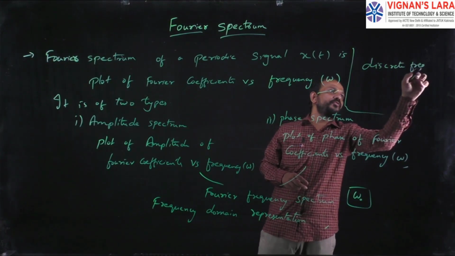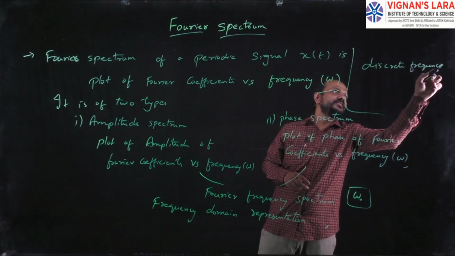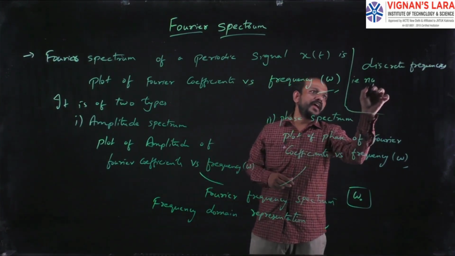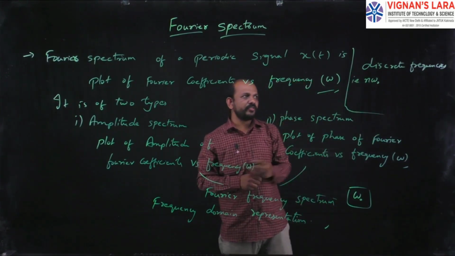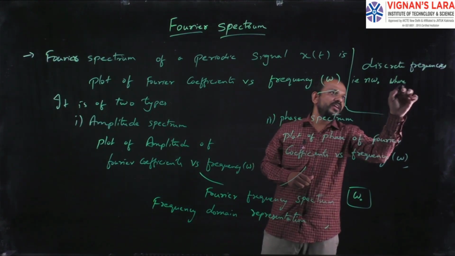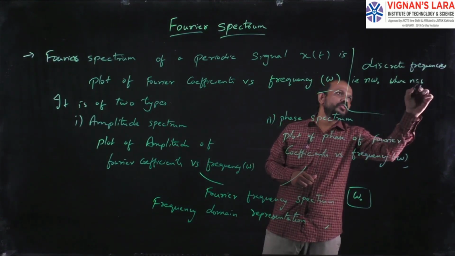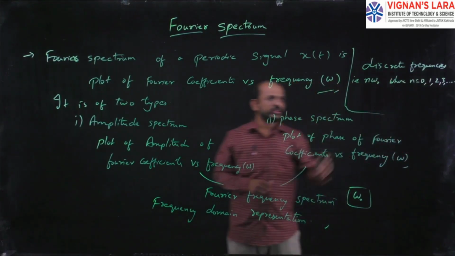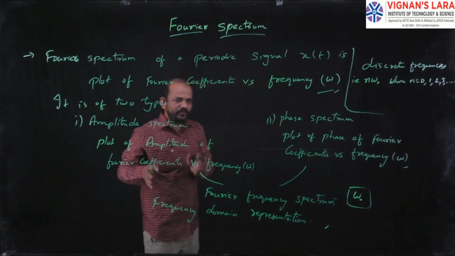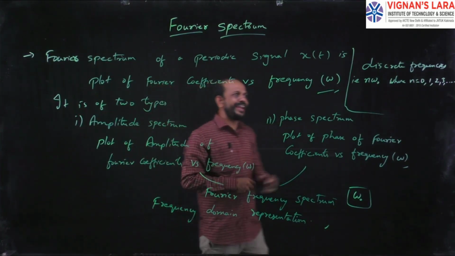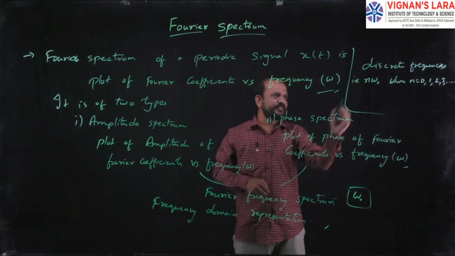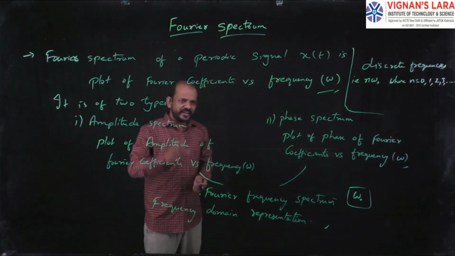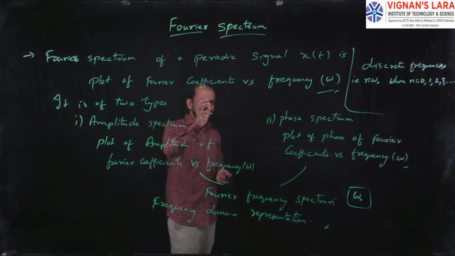Discrete frequencies, that is n omega naught, where n equals 0, 1, 2, 3, and so on. First consider n equal to 0, that is, the frequency is 0.